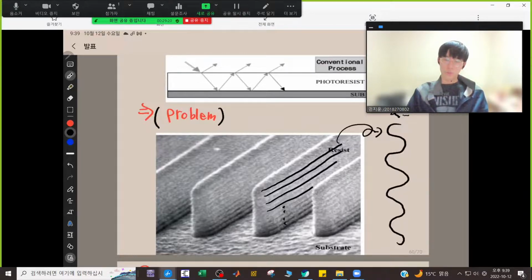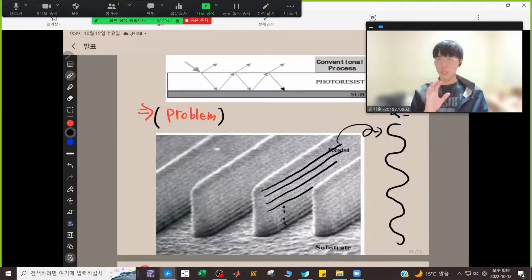This means that the pattern is smaller than we expected. Then this pattern is very weak, so this will make problems like defects or other things.